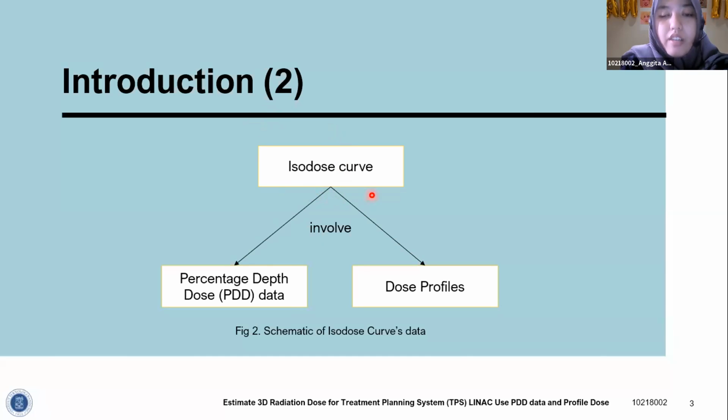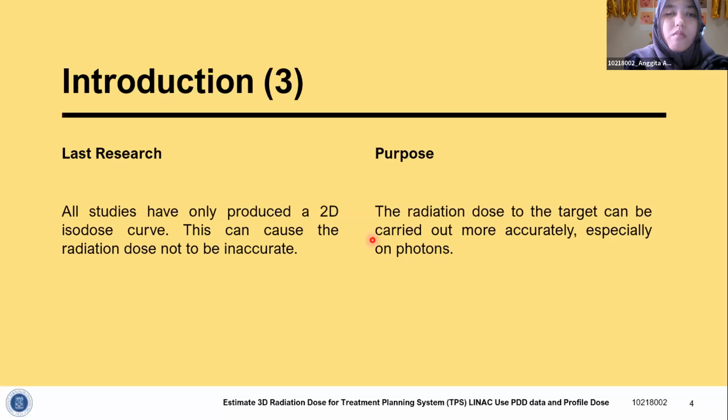Estimation of the radiation dose distribution is presented using an isodose curve, which involves PDD or percentage depth dose data and dose profiles. In previous research, all studies only produced a 2D isodose curve. This can cause the radiation dose to be inaccurate.